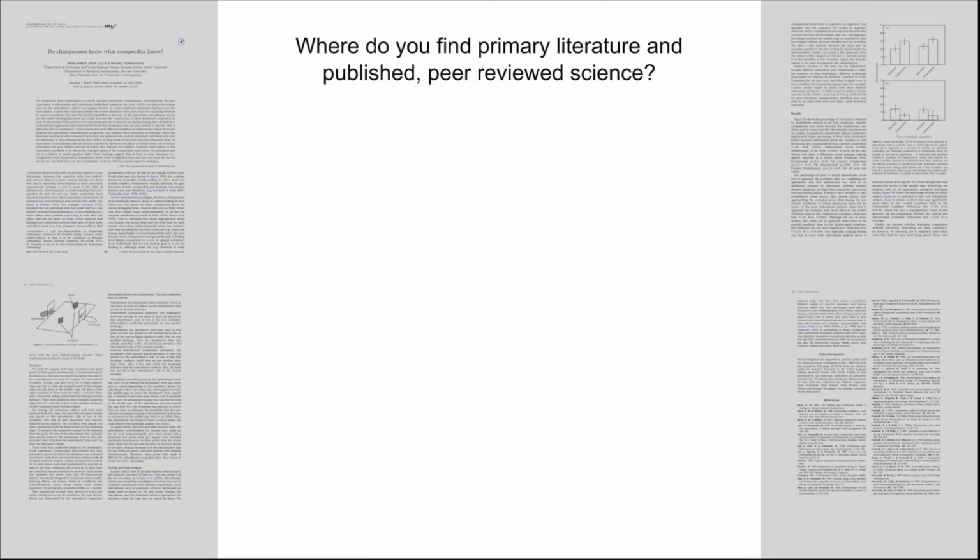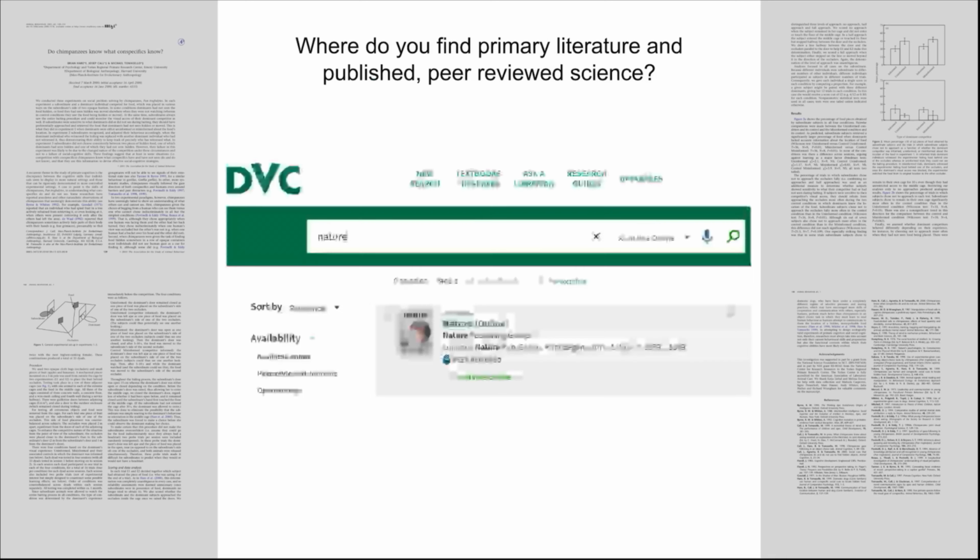So where do you find primary literature and this peer-reviewed science? Oftentimes through your university or through your college library, you can find a lot of different peer-reviewed papers.